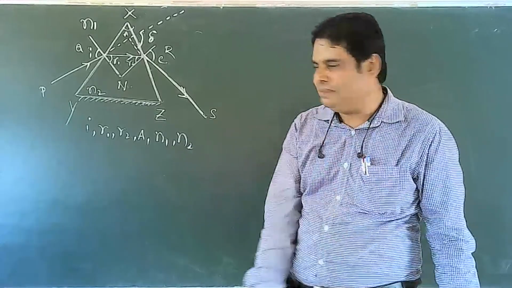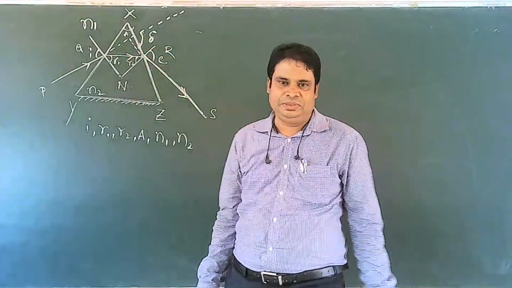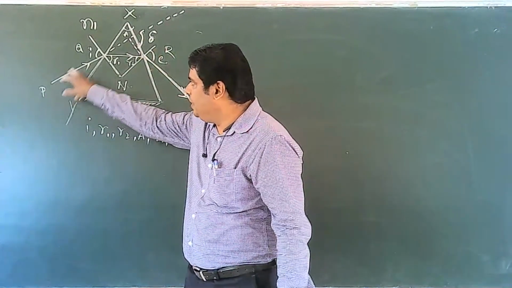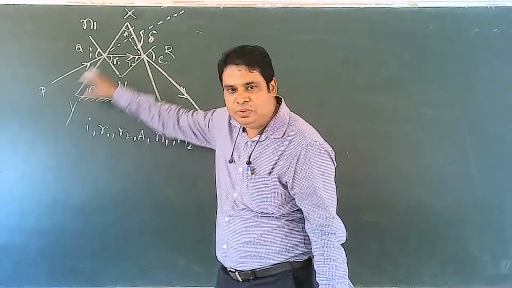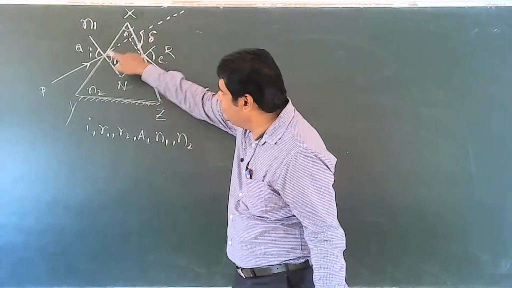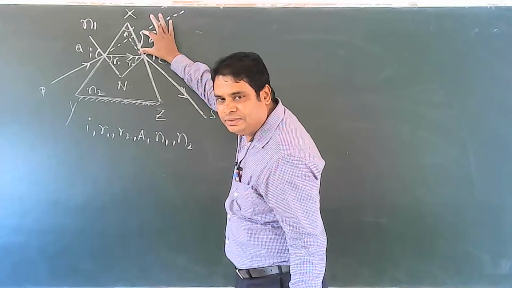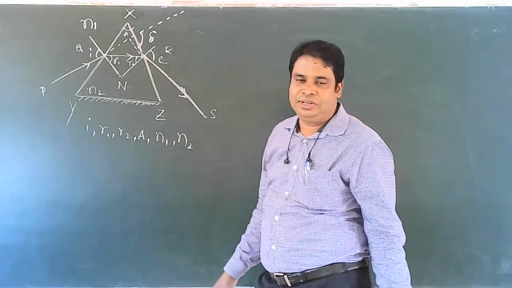What are the two different surfaces? One surface is XY and the other surface is XZ. Due to these two surfaces, the actual path PQ will take RS. So much bending we observe. This is the actual path, a straight line, and this is the bending. The angle between the actual path and the bending is called deviation.